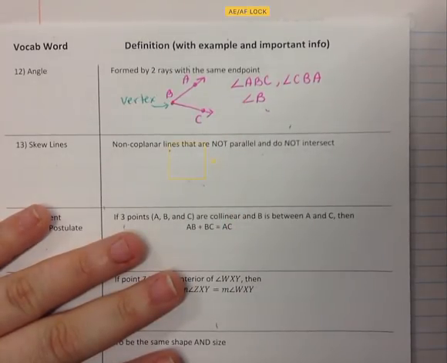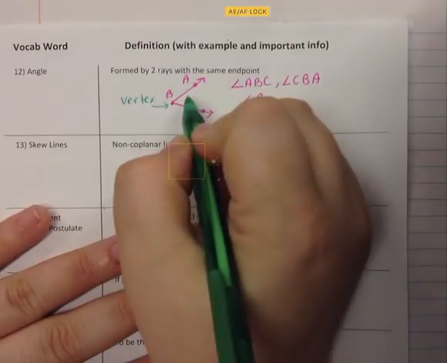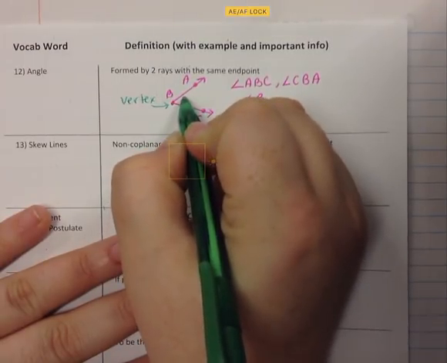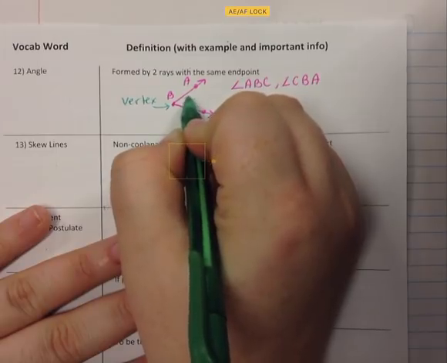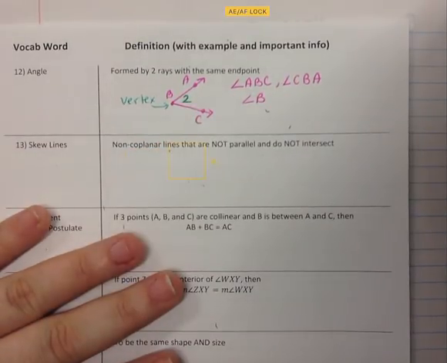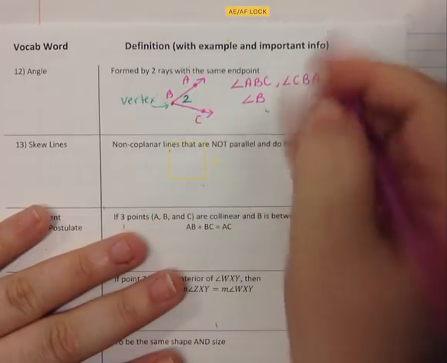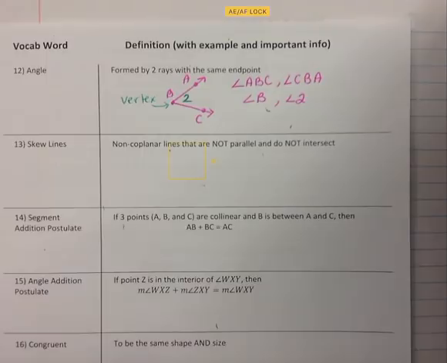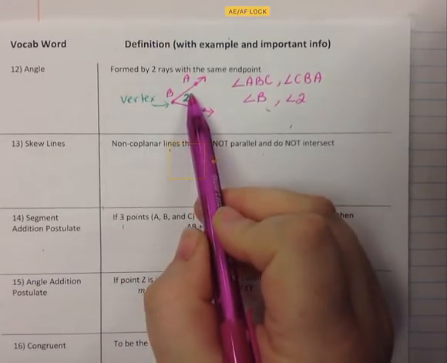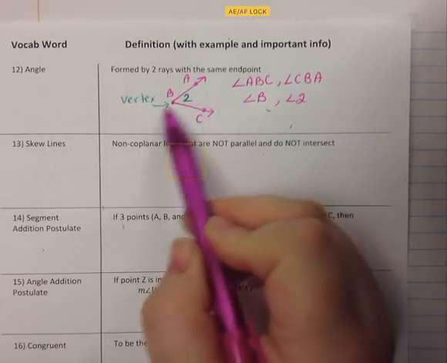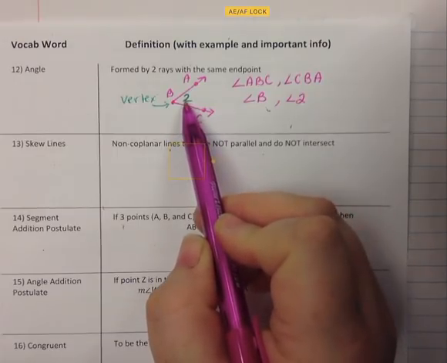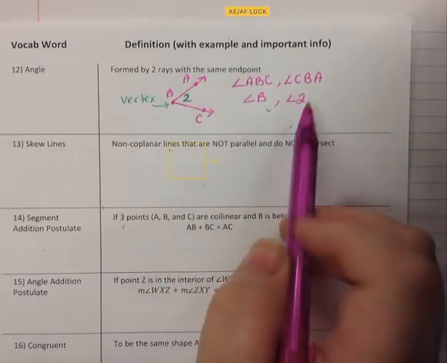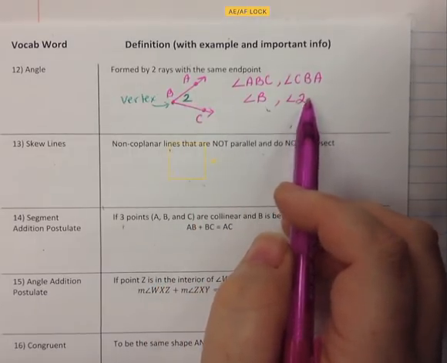You can also, if you have a number inside of the angle, not a degree, but if it's actually named like number 2, call this angle 2. This is not a degree. This is not telling you how big the angle is, but this is just another way of naming them. If it's already given to you what that angle number is, you can use the angle symbol and then the number.